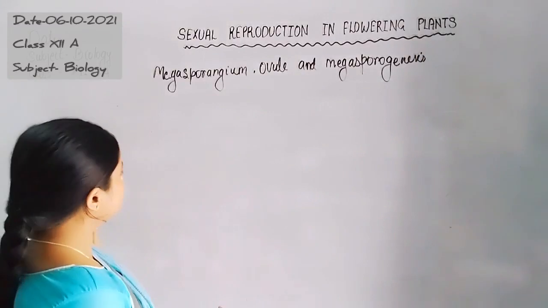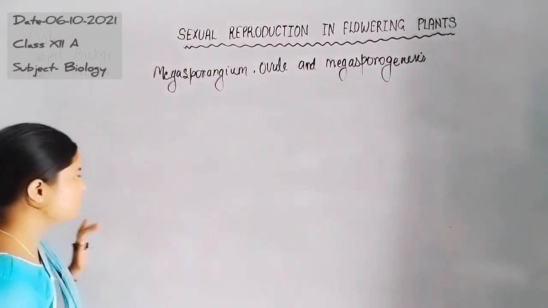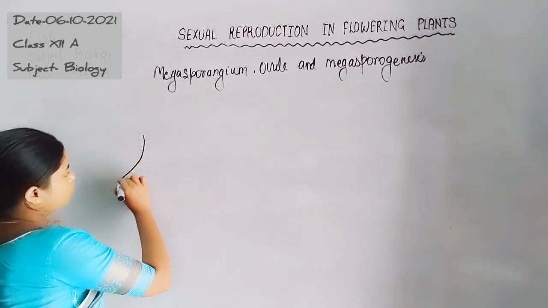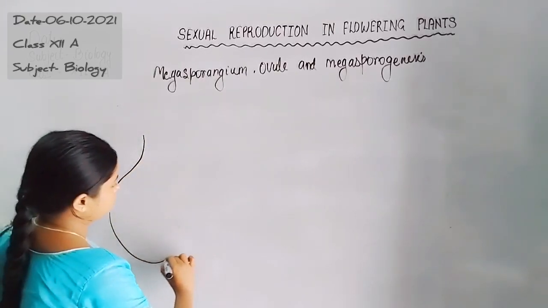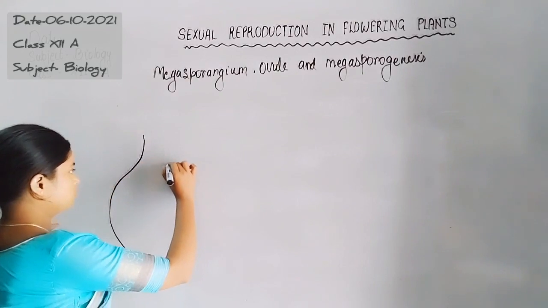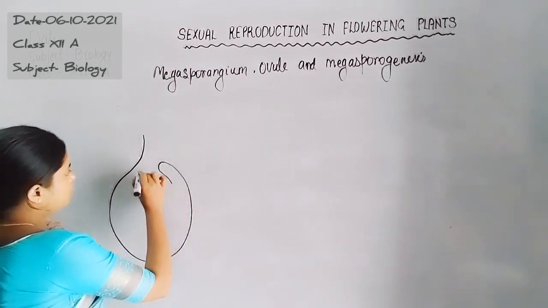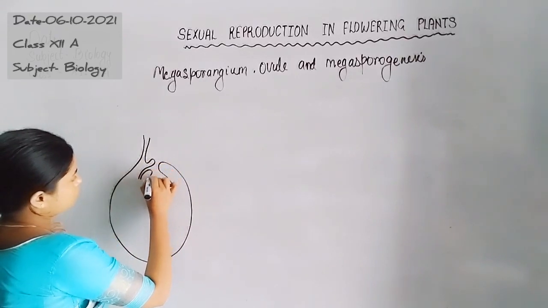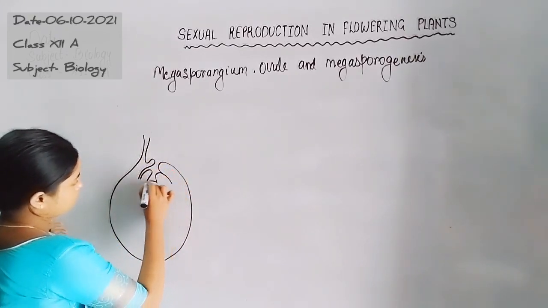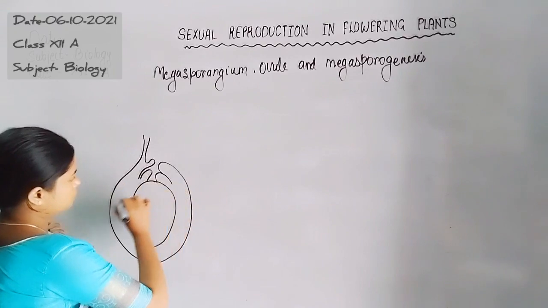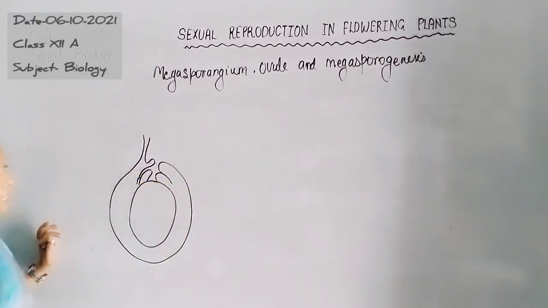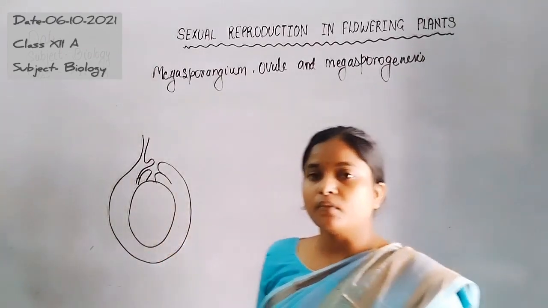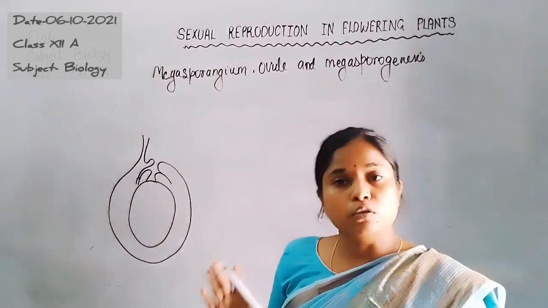The megasporangium is simply the ovary. Inside the ovary, the ovule is present.